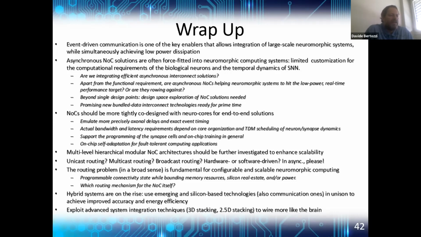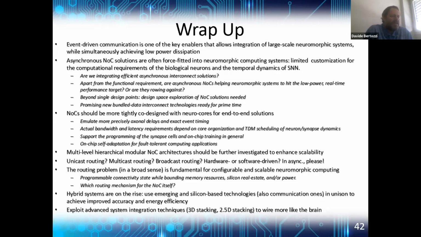However, the current impression that I have is that asynchronous NoC solutions are typically force-fitted into neuromorphic computing systems to get something operational, but in my opinion, not optimized. There are ample margins for optimization. So the customization of NoCs for the computational requirements of the biological neurons and the temporal dynamics of spiking neural networks is only limited so far.